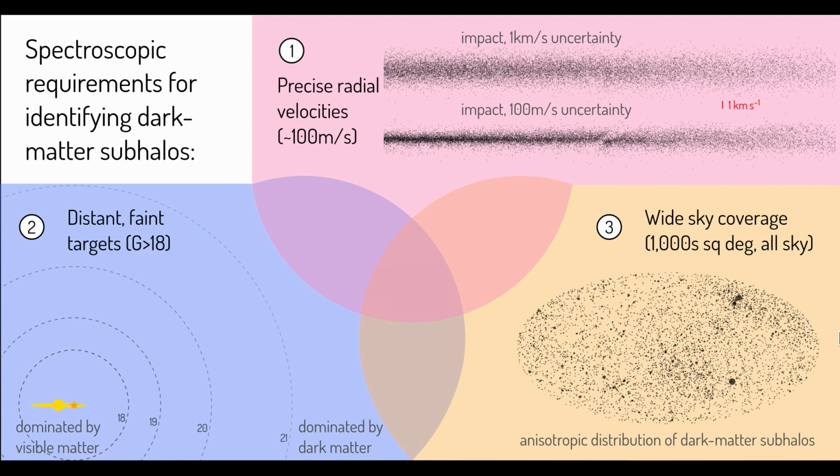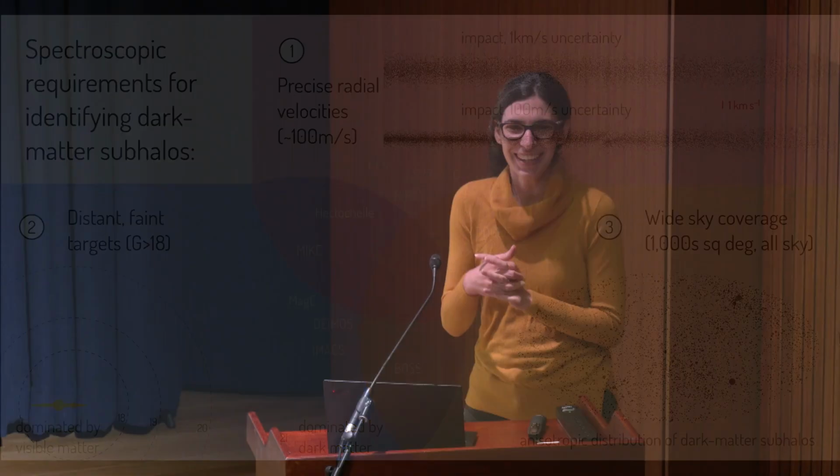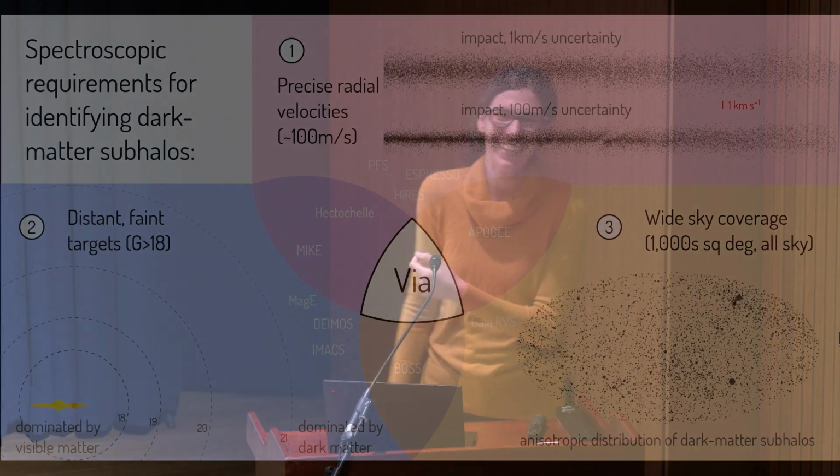So to provide robust constraints on the total amount of substructure, we actually do need the whole sky. There are a lot of instruments that excel in one or two of these aspects and none in all. And so another great foreshadowing by Volker: we need a new instrument.